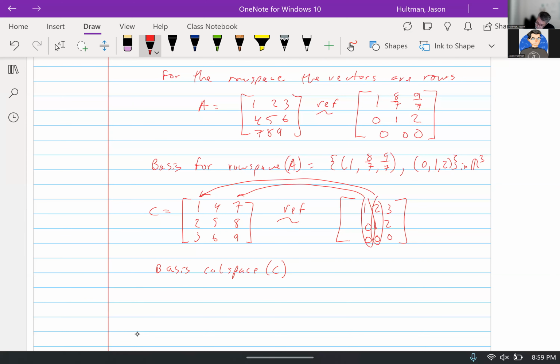So the basis of the column space of C is equal to 1, 2, 3 and 4, 5, 6, in R3, because they each have 3 components.